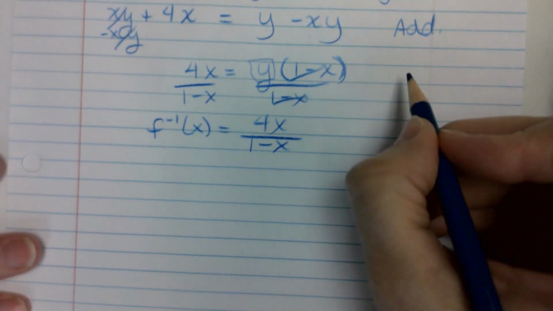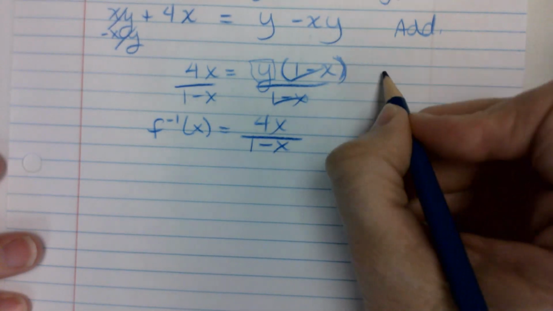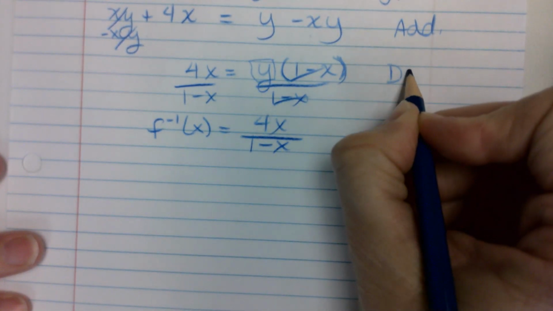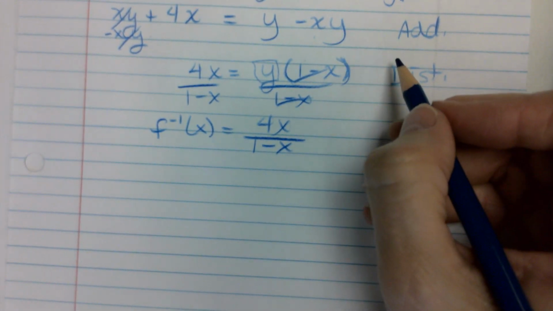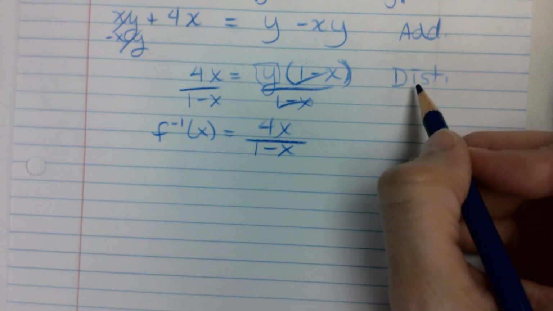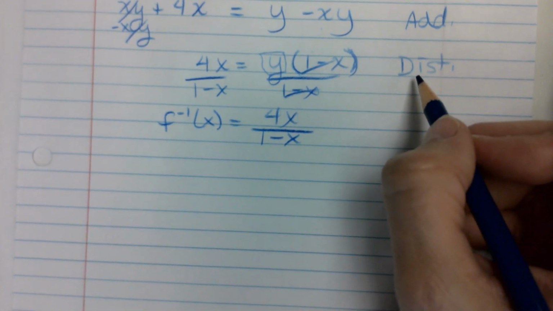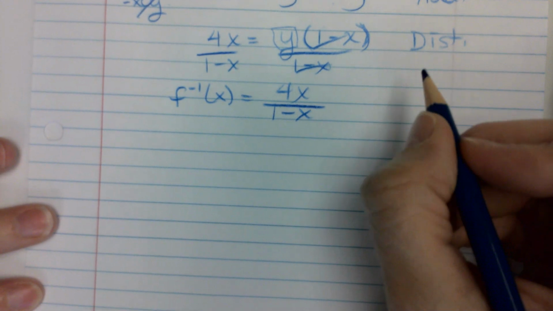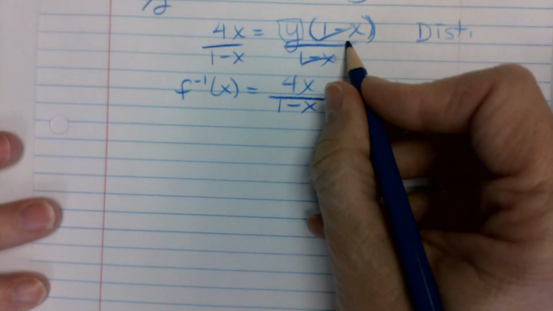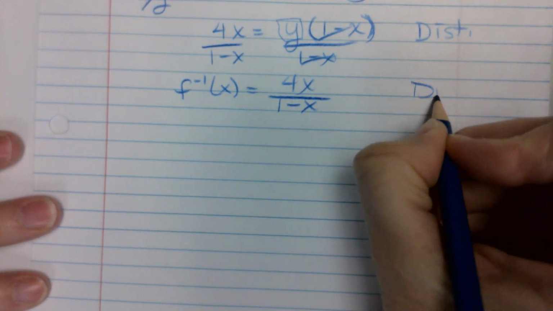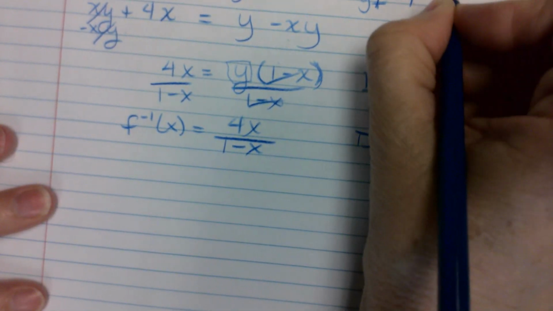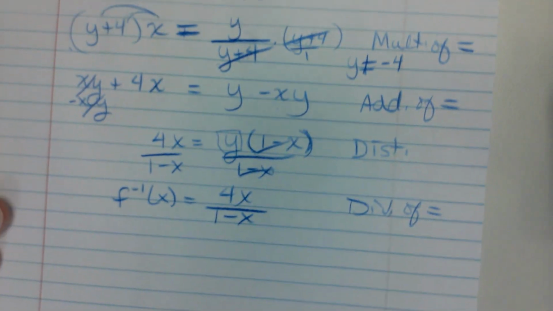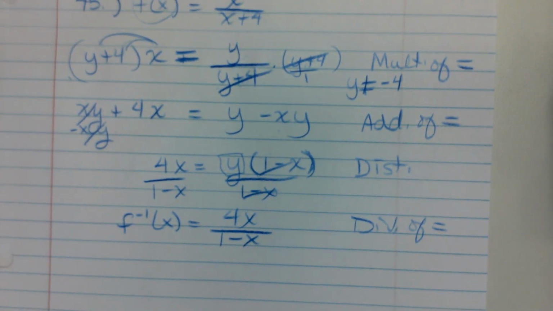What do we use to take that y out? It's like the opposite, reverse distribution. That's not an official term, but it is the distributive property. And then just division property of equality, right? That would be the reason behind the legal math reasons.